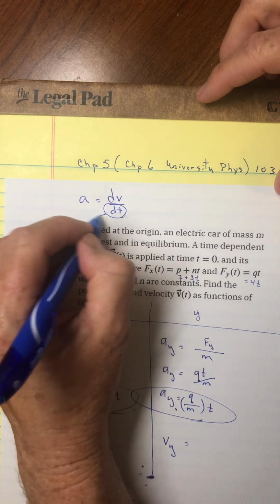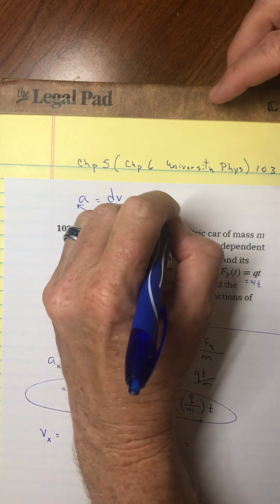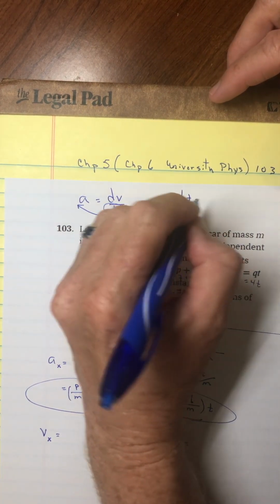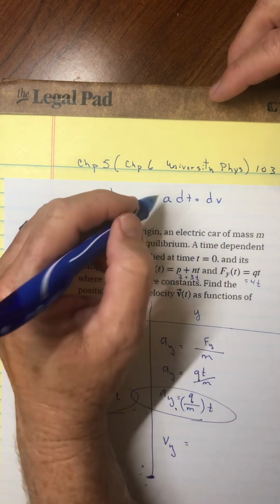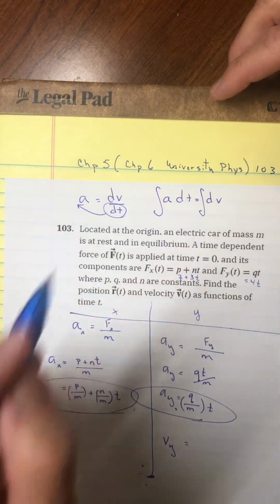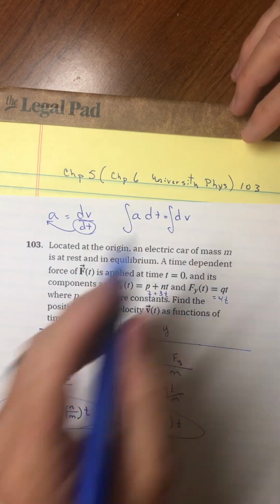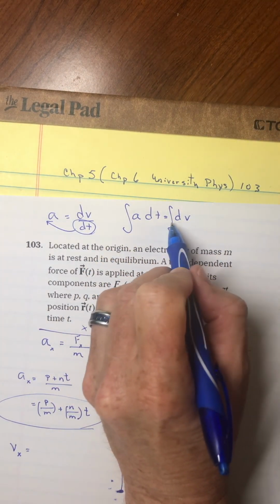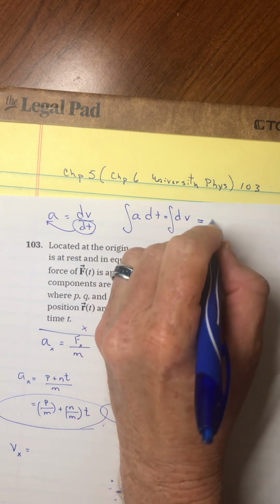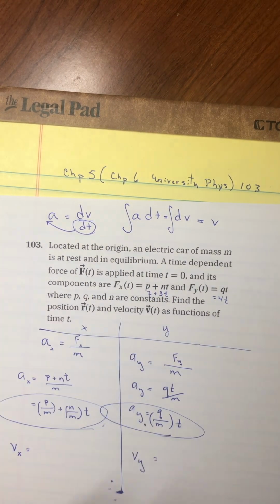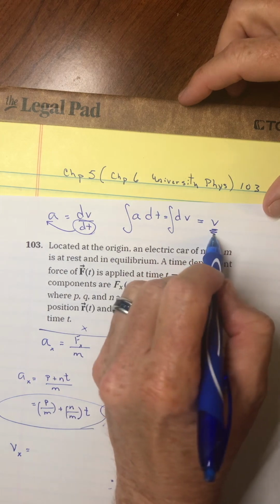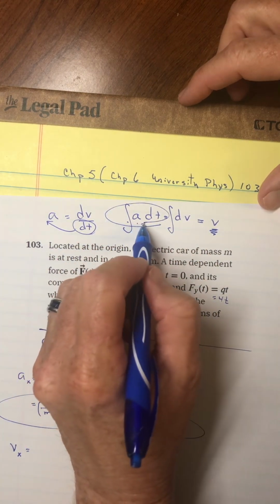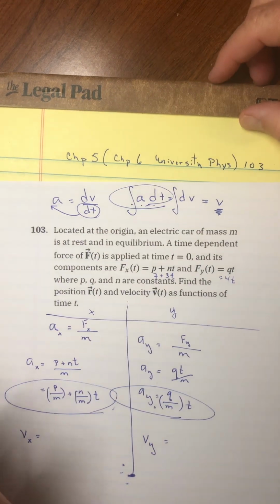So if I take the time and move it to the other side, I get acceleration dt is equal to the derivative of velocity. And then we do this integral or antiderivative. And this is the key thing here: you take the antiderivative of this, you just get velocity. So the way you get velocity is you integrate acceleration.